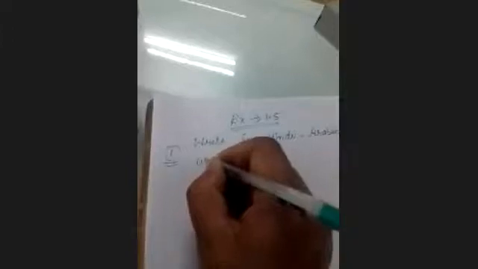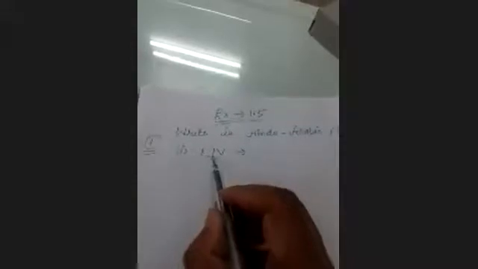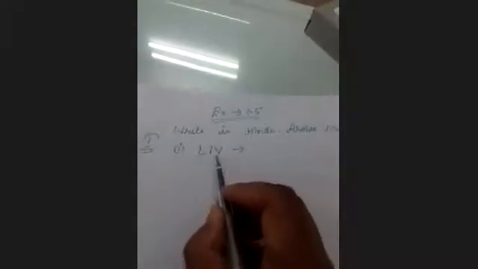First question, first part. The number is LIV. L means 50, and IV means 4. So our number is 54.